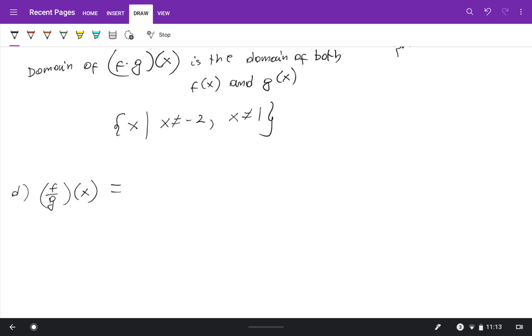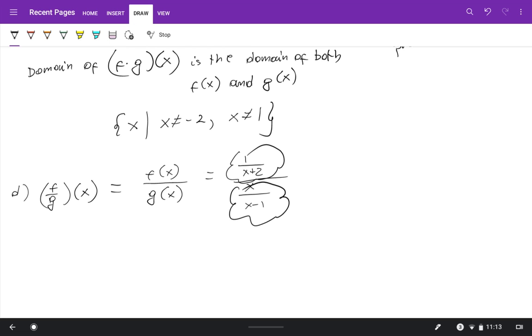So copy the equation: you have function f of x and you have to divide by g of x. So let's copy the equation of f of x, which is 1 over x plus 2, divided by g of x, which is x over x minus 1.